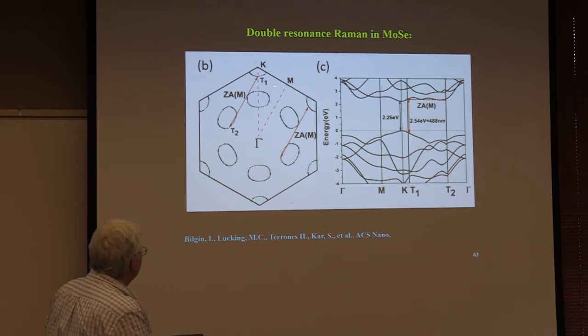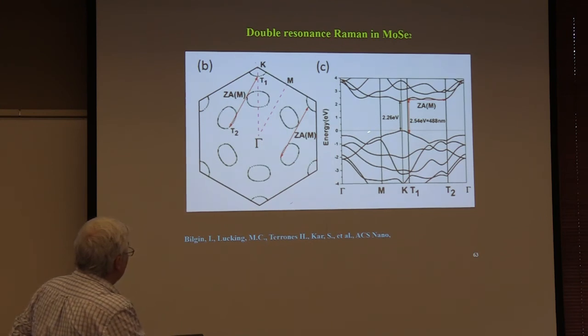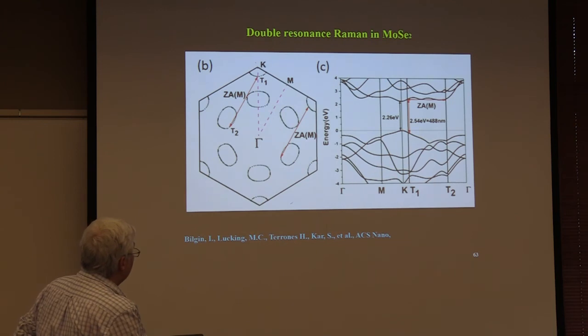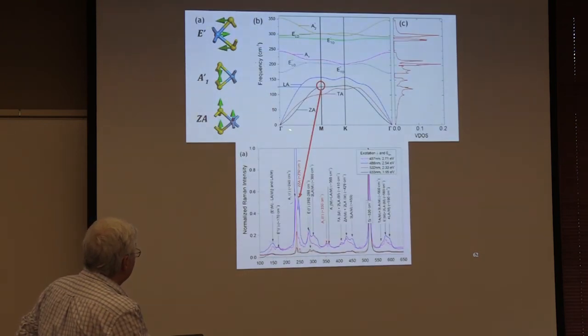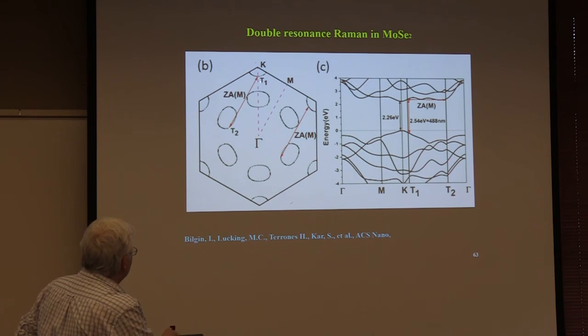This is what you have here. This is T1, so it's this point. This is the gamma-M phonon, the ZA phonon, which is here. This is the wave vector, and so you touch this part.